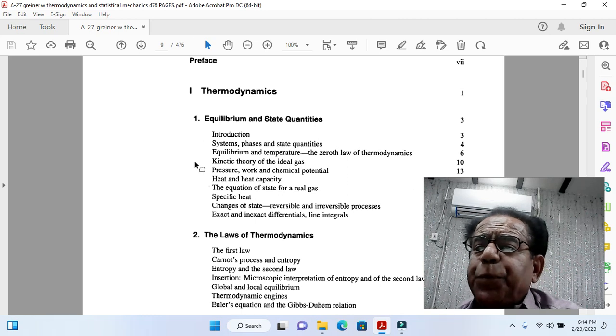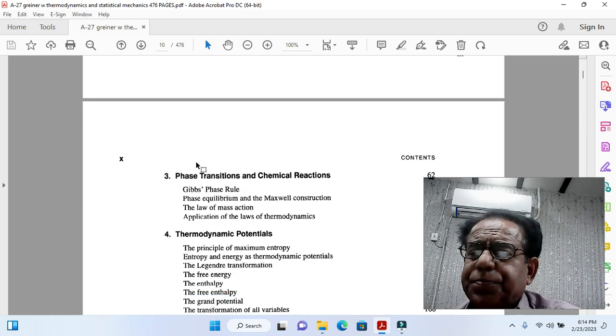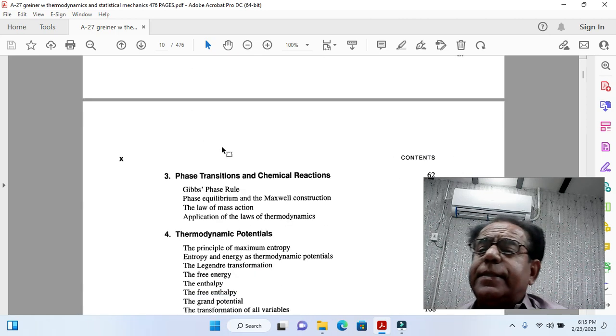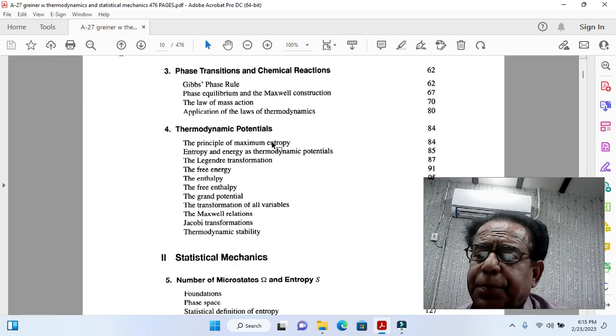Now we come toward its contents. Equilibrium and state quantities, the laws of thermodynamics, phase transitions and chemical reactions, thermodynamic potentials.